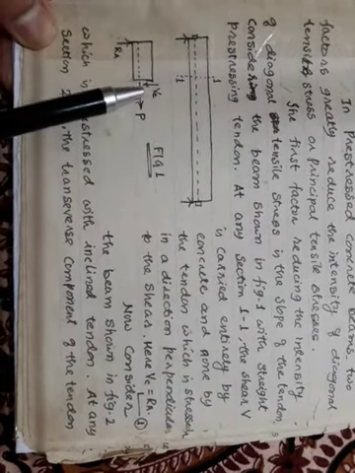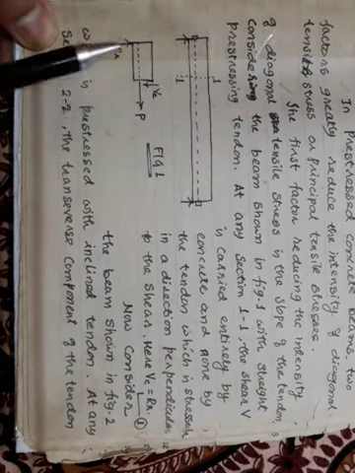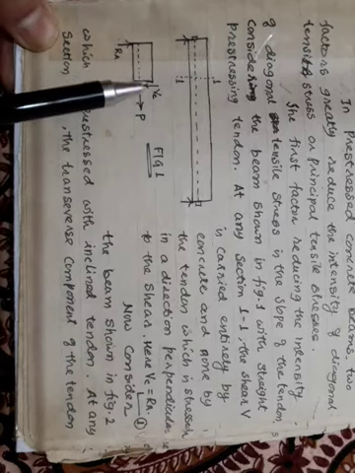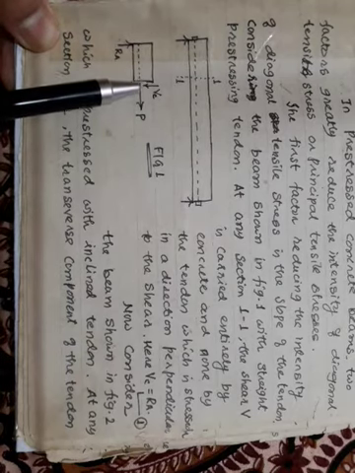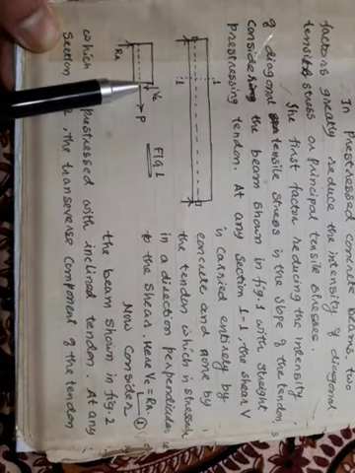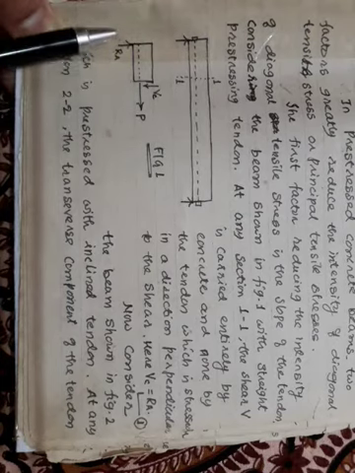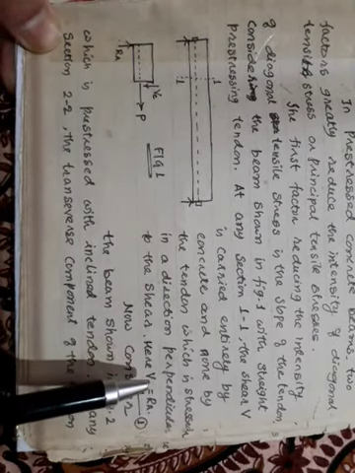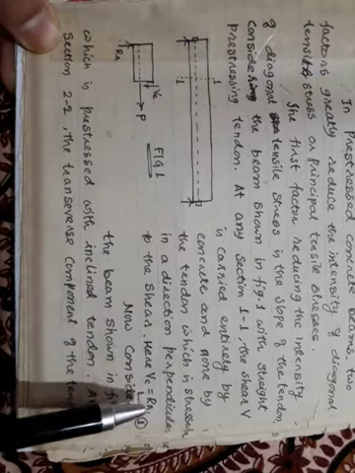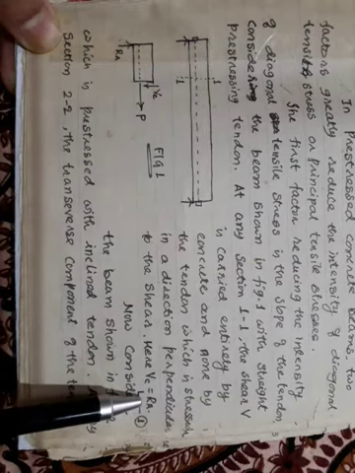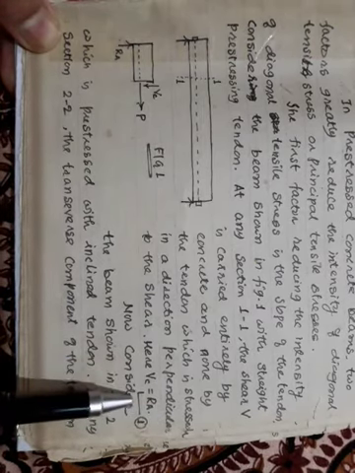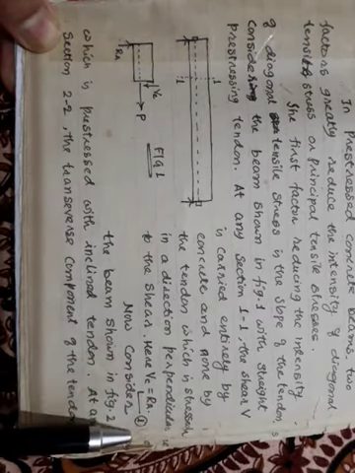So at this cross section, the shear force carried by the concrete, Vc, is equal to your reaction Ra. This is a very simple concept which you have studied in your mechanics.